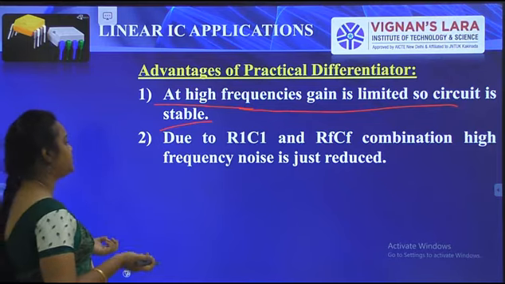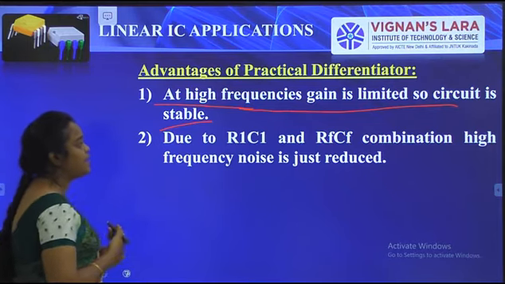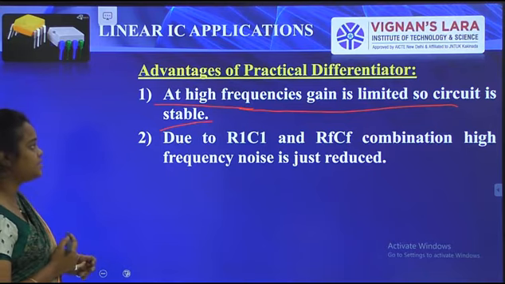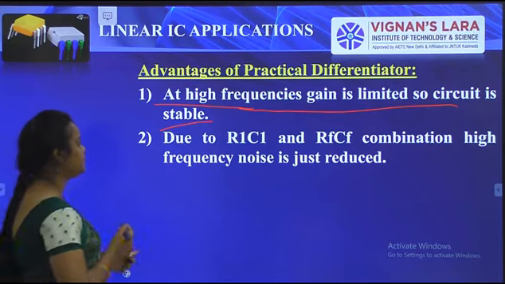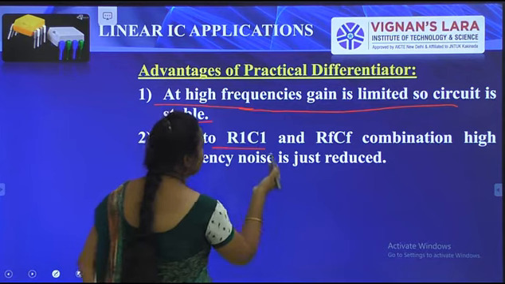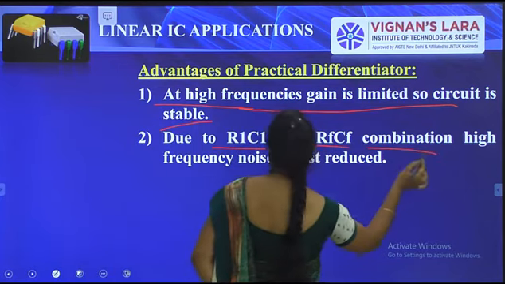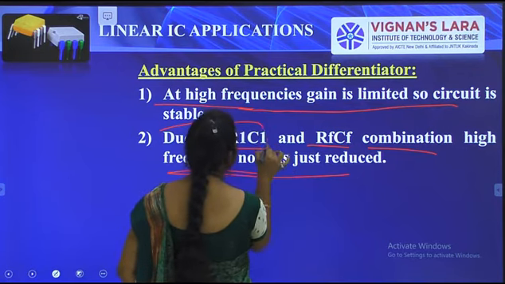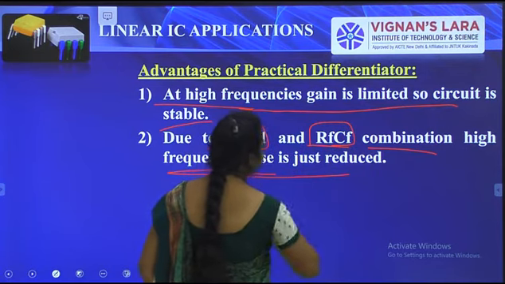So the circuit is stable. In the ideal differentiator, the circuit is unstable due to the presence of high frequencies in that circuit. So due to R1 C1 and RF CF, the higher frequency noise is reduced.